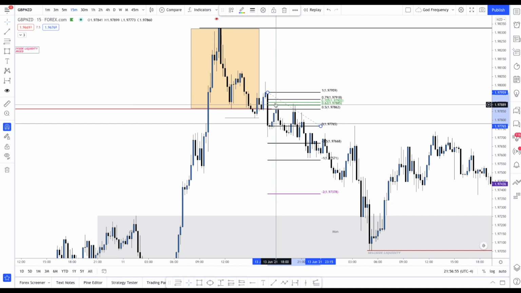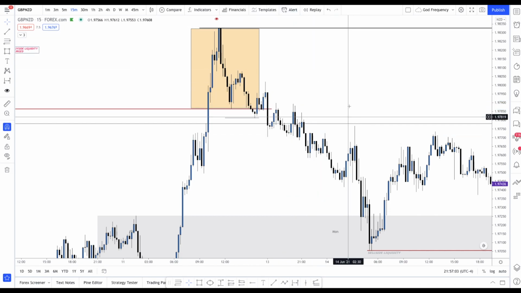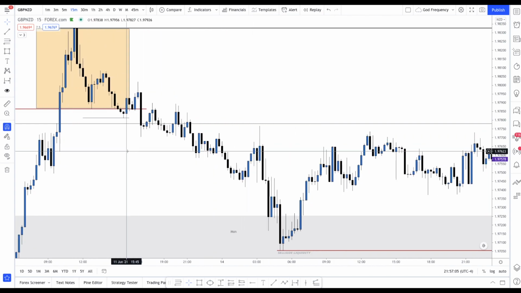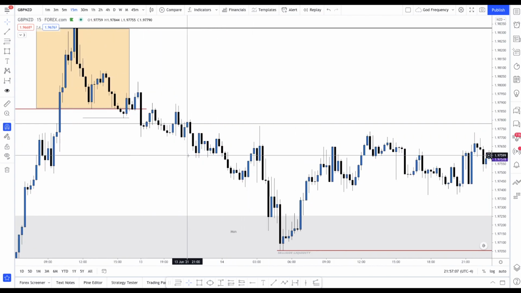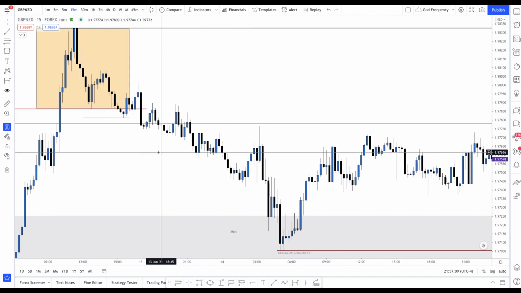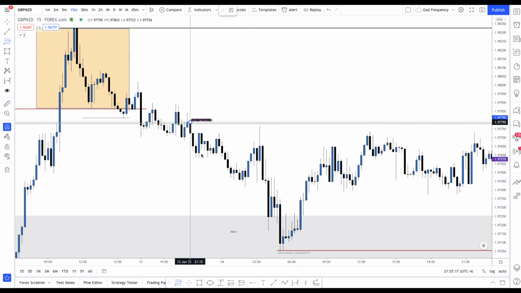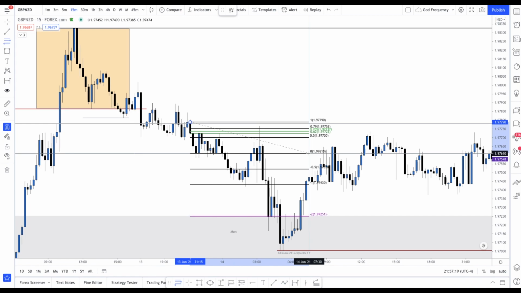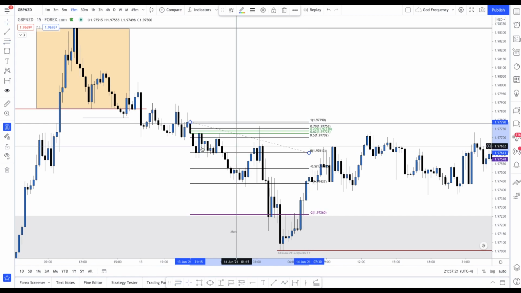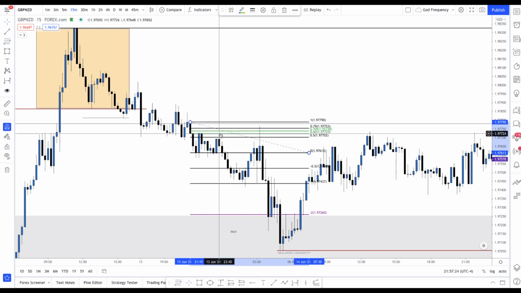Then boom, you got a retracement here, you got a retracement there, and it just busts down. Here, the market creates this structure, it breaks down, you hit a 62 level right here.